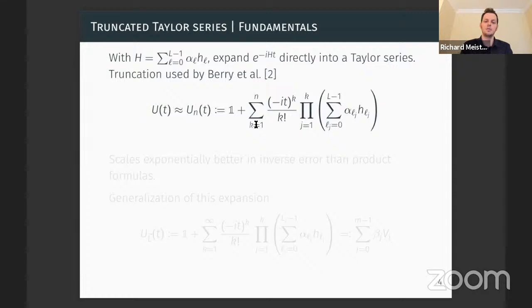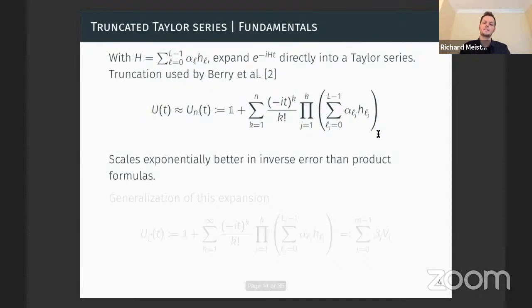So this is a regular Taylor expansion. We have the sum up to the order n here, and then we just truncate all the rest. And they showed that this approach, because of this factorial down here, and because there is an efficient way to implement this as a quantum circuit, scales exponentially better in the inverse error than the product formulas.